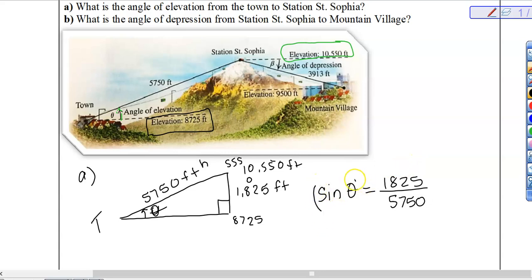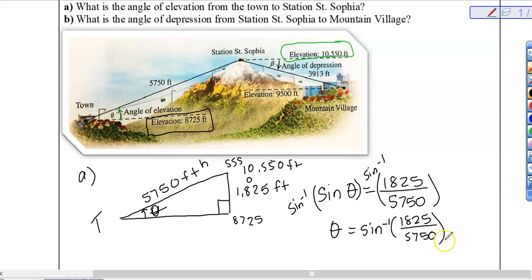So we'll take sine inverse of both sides, and we get theta equals the sine inverse of 1825 over 5750. You're going to have to plug that into your calculator because I don't have it. Could you repeat that, John? Let's get confirmation. Okay, to the nearest tenth is good. 18.5 degrees. Beautiful. Okay, so there's problem A.